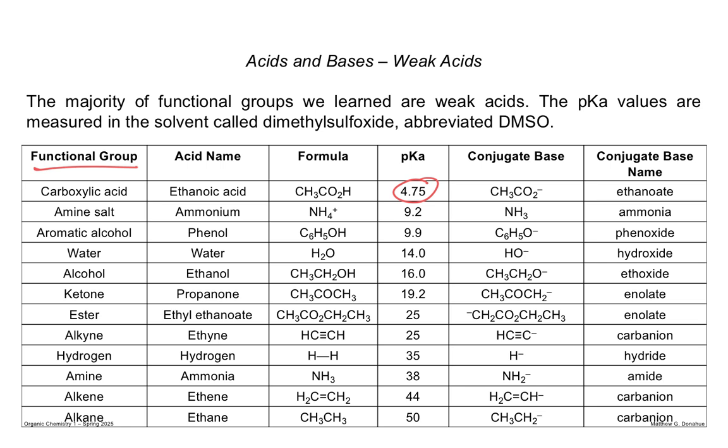You don't have to kill yourself trying to memorize things out to digits. I go by units of 5: 0, 5, 10, 15, 20. And then associate amongst that what functional group is close to that. The conjugate base is then shown. So notice that the conjugate base of acetic acid has a negative charge. And then the name.